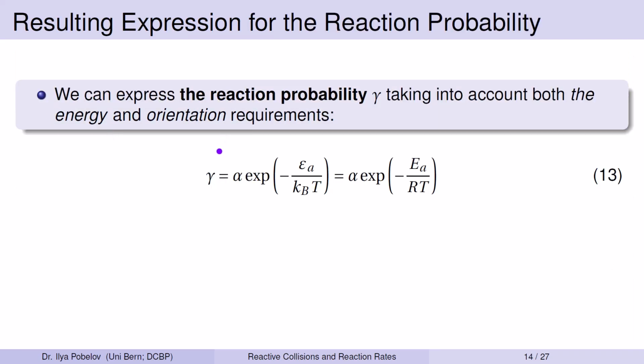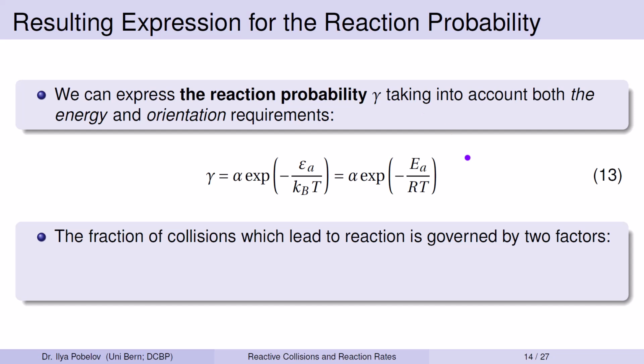We can now express the reaction probability gamma taking into account both the energy and the orientation requirements. This expression tells us that the fraction of collisions which lead to reaction is governed by two factors.